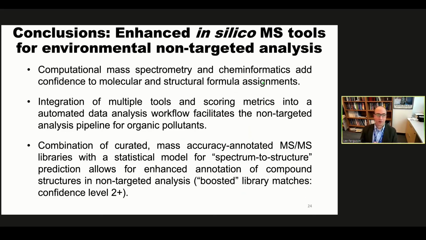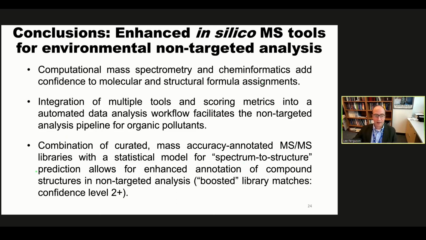All right, so I'll just conclude and say that, hopefully I've convinced you, combining computational mass spec as well as cheminformatics adds a lot of confidence to molecular and structural formula assignments. We can integrate all of these tools together into an automated data analysis workflow, and this makes it much easier to do annotation.